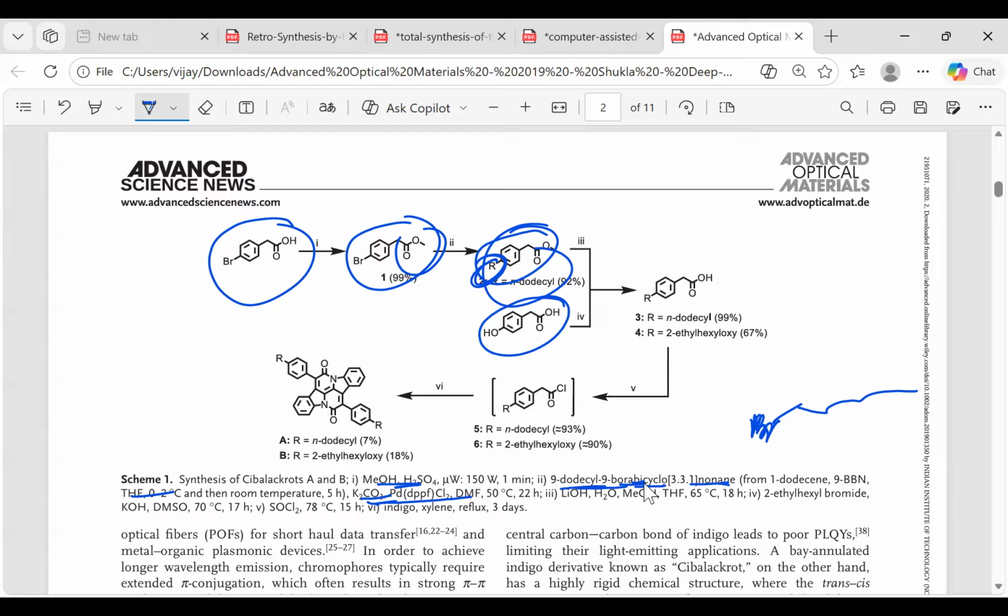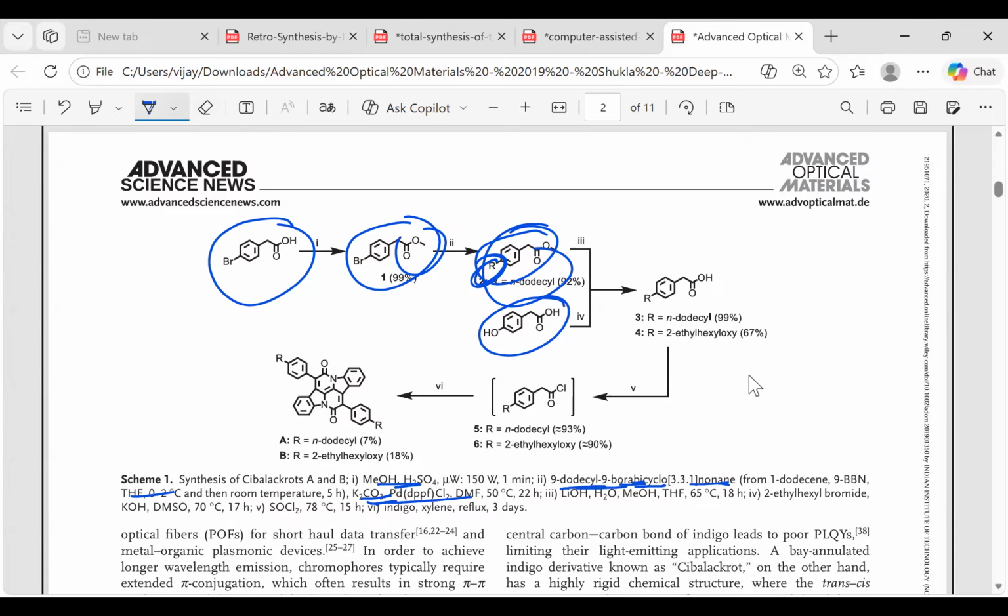So this is the 9-BBN. You may have heard about alkyl boronates. That's the 9-BBN basically, with these octyl chains.